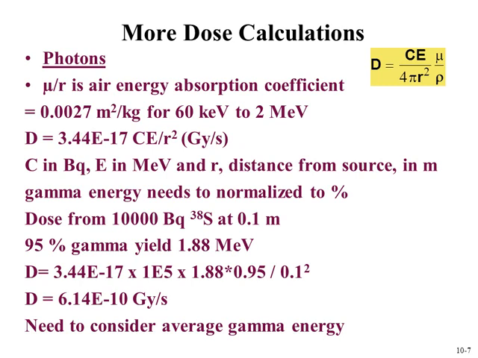So D is equal to our constant, and we multiply that by the activity, so it's 10,000 becquerels. Then we need the energy, which is 1.88 MeV. And then we add the 0.95 to represent the 95% gamma yield. And we divide that by 0.1 squared, the distance in meters. And we get a dose of 6 times 10 to the minus 10 grays per second.